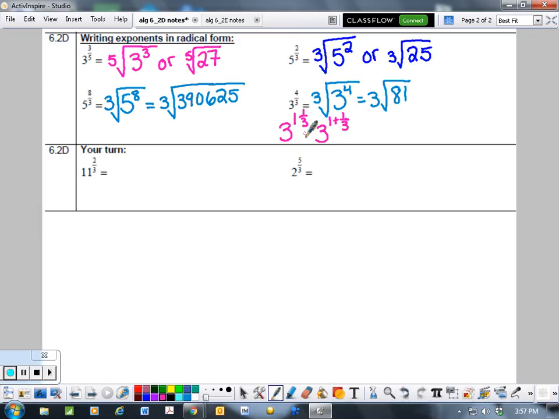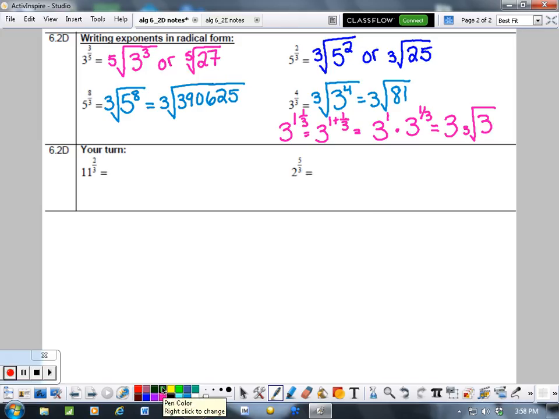So what happens here is this really becomes 3 to the 1st power times 3 to the 1/3 power, which is really 3 times the third root of 3. Now I have a simplified radical. So it allows me to simplify radicals without having to do all that division to break it down. Because now all I have to do is turn it into a fraction and work with my fractions, which can be pretty cool and powerful.